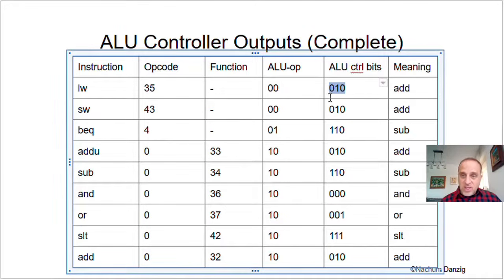So you see, there are lots of ways to get the ALU controller to tell the ALU to do add. You could do a load word, a store word, an add, an add unsigned, and an add.